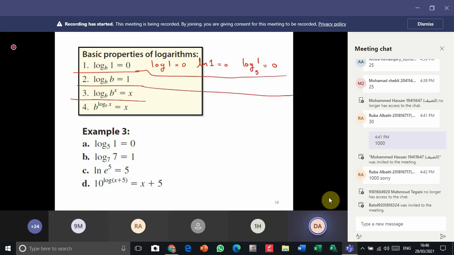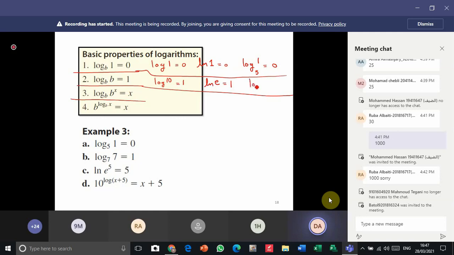The second: logarithm b to base b equals 1. So for example, logarithm 10 to base 10 gives us 1, because the base equals the argument. The argument and base are equal, so the logarithm equals 1. ln e is also 1 because this is logarithm e to base e.